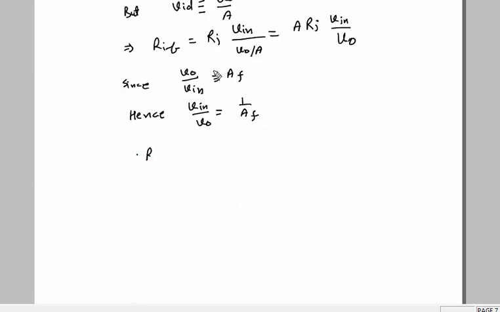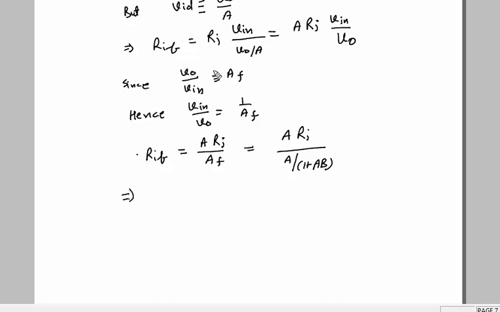If I use this in RIF, RIF equals A Ri times 1 by AF, and AF is A upon 1 plus AB, this we have also seen.